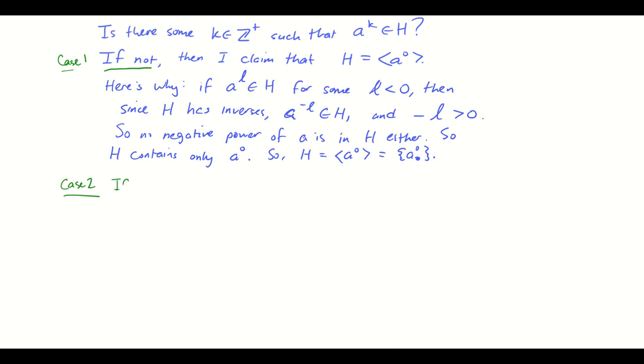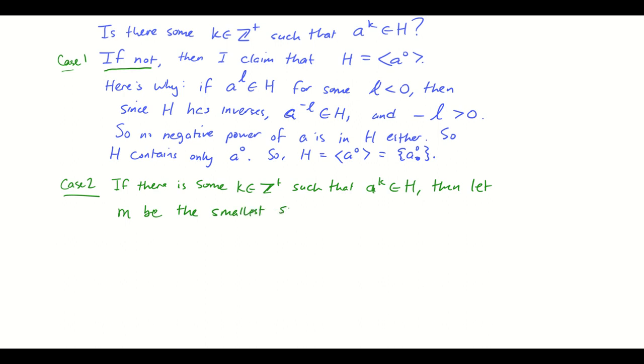So if there is some K, a positive integer, such that A to the K belongs to H, then, well, let's let M be the smallest such positive integer. In other words, the smallest positive integer such that A to the M belongs to H.